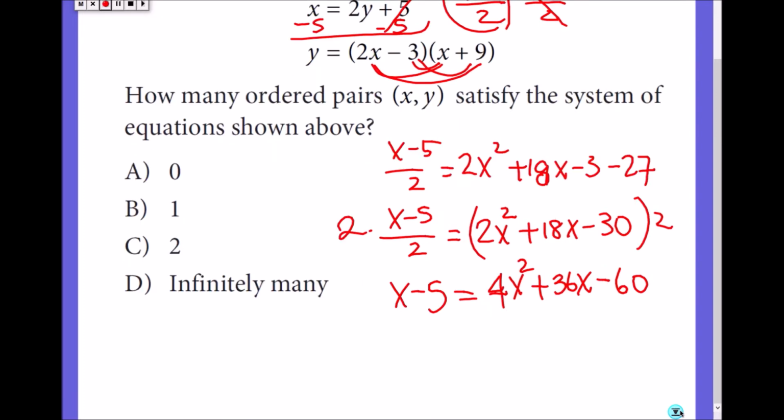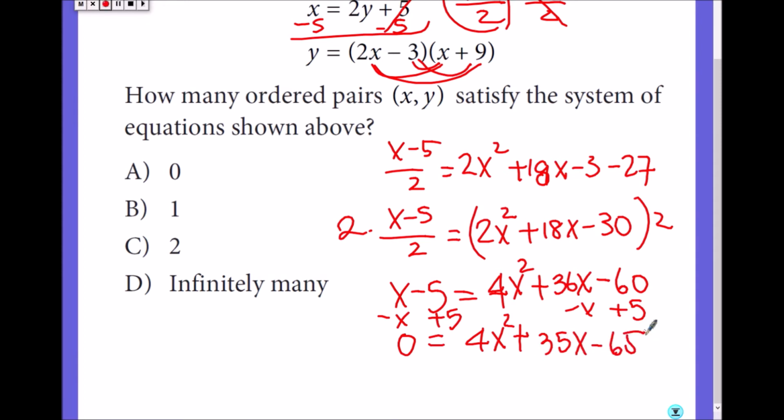And you can move it. You can move the x, so 0 equals 4x squared plus, you move x, move y by adding, you get 35x minus 65. So we're looking for when it becomes 0, so it becomes a quadratic.